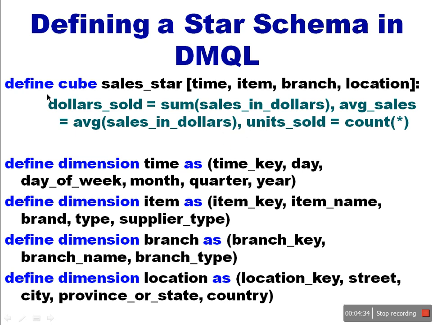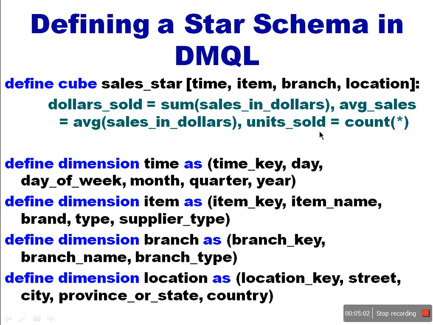So define cube are keywords here. Sales star indicates this model is under star schema, and the data warehouse is sales. We have three measures: sales in dollars, average sales, and units sold.